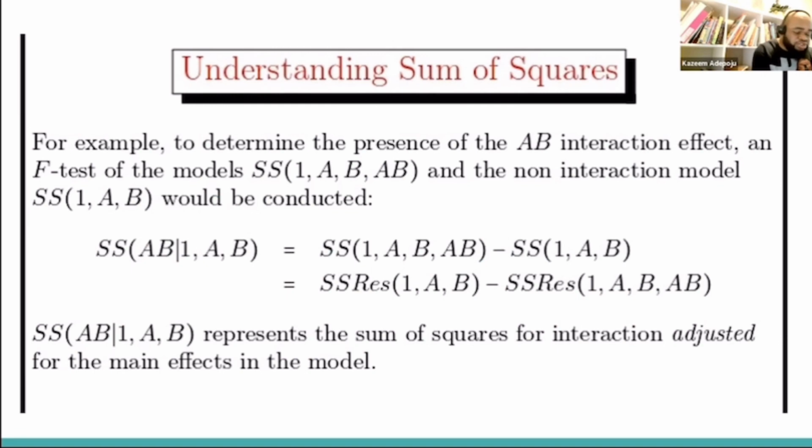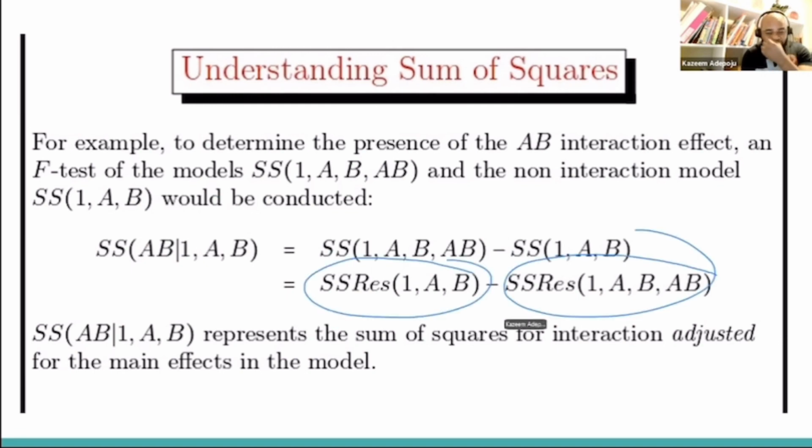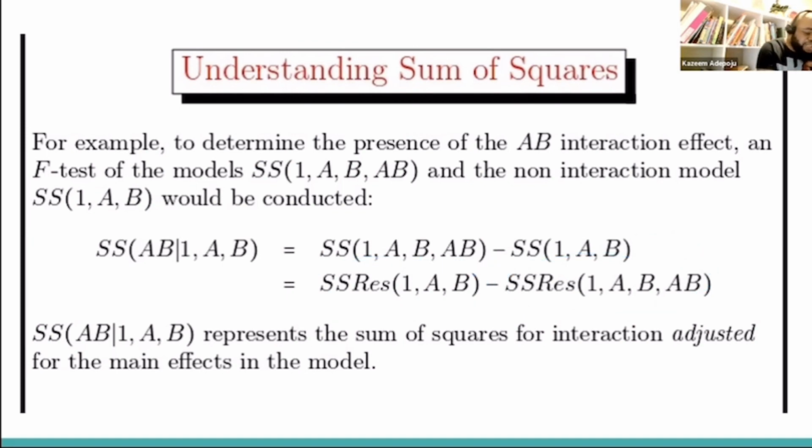You can also do that by looking at the difference between the sums of squares residual, which are called unexplained variation, for the model without interaction and the model with interaction. This one here is the sum of squares residual when you don't consider interaction, and this one is the sum of squares residual when you consider interaction.